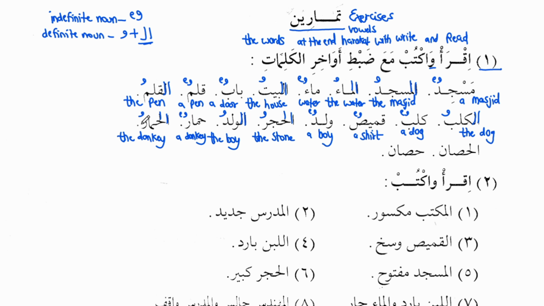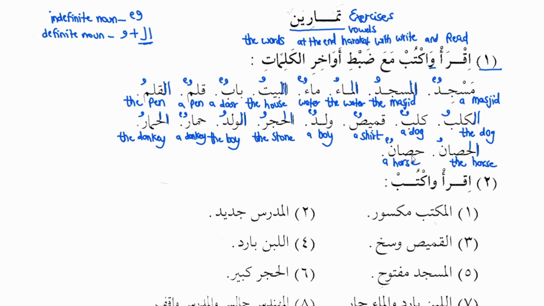Next word, there is alif lam, so there will be one dhamma at the end, and this is al-hisanu. Al-hisanu means the horse. After that, last word, there is no alif lam, so we'll put dhammatan at the end, and this is hisanun. Hisanun meaning a horse.